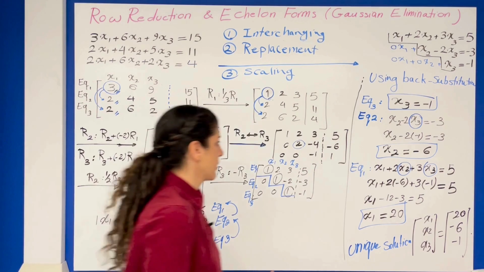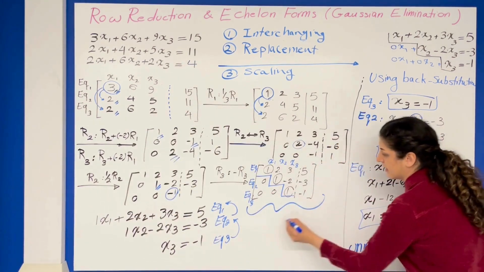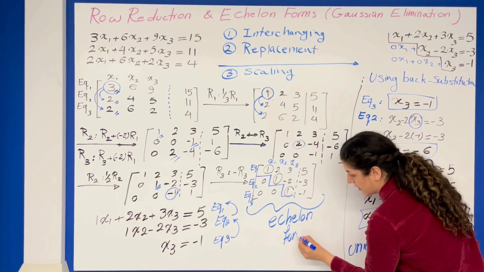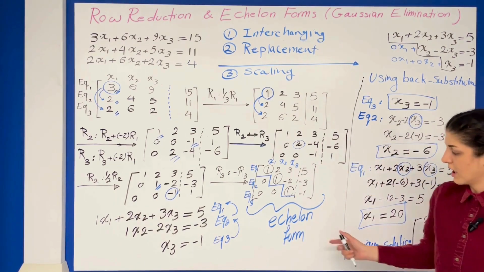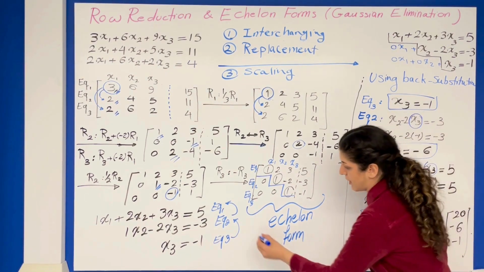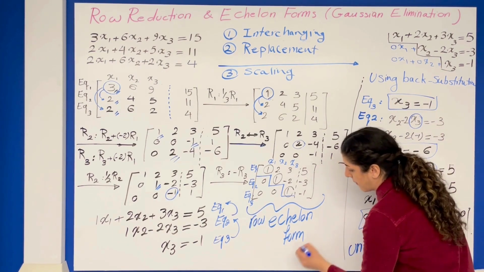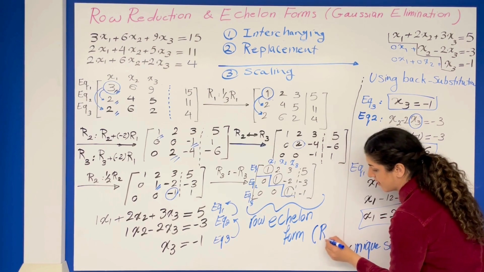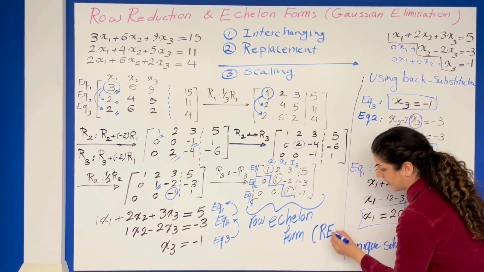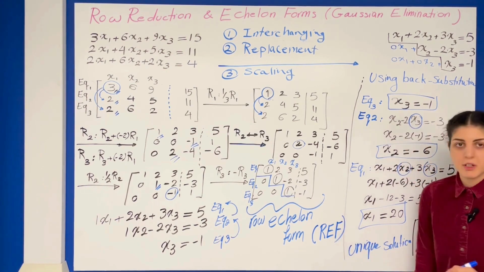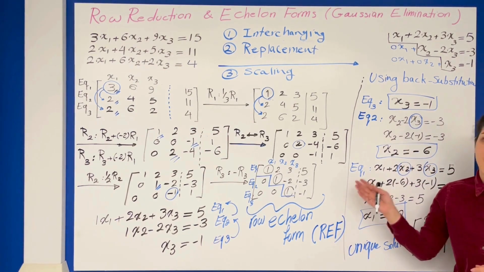Before I forget, I just want to mention that this is the echelon form of the augmented matrix, or row echelon form. And you usually show this by R for row, E for echelon, and F for form. So this is called REF.